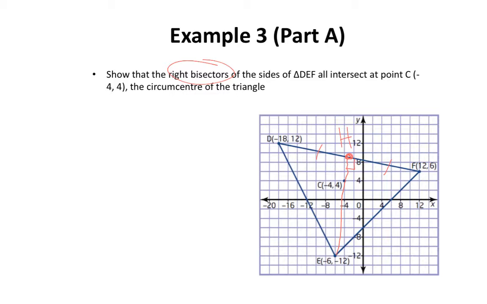Since the right bisector EH meets DF at a 90-degree angle, we know that their slopes are negative reciprocals. So if we know the slope of DF, we can easily figure out the slope of EH. So let's write that down as a step.